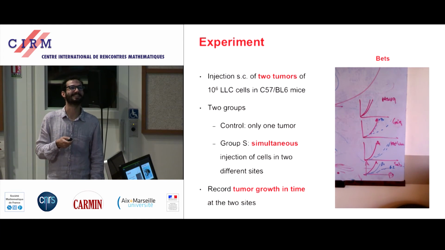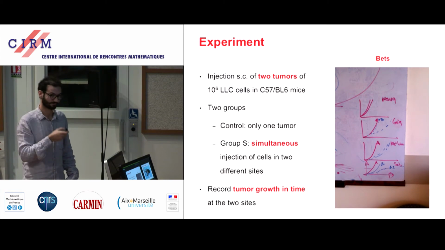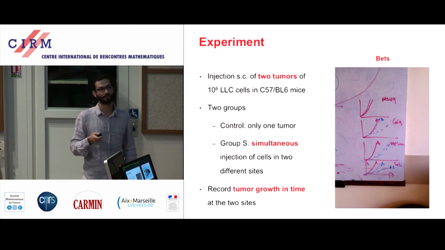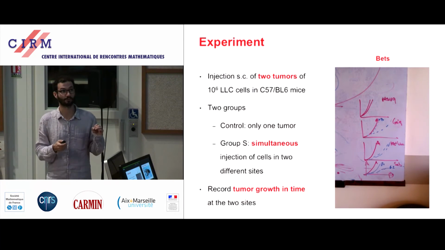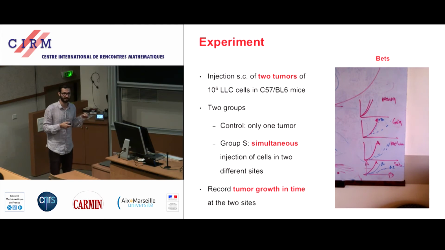Janula predicted that, so the red curve is the control, and the 2 blue curves are the two tumors in the simultaneous group, one of the tumors will grow the same as the control, the other will be inhibited. Kathleen said the 2 tumors will be inhibited and will grow the same, and I said they will be both inhibited, one stronger than the other.